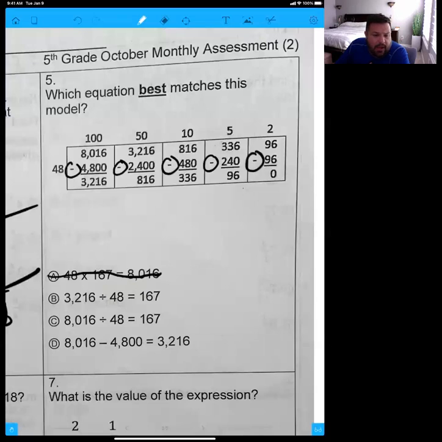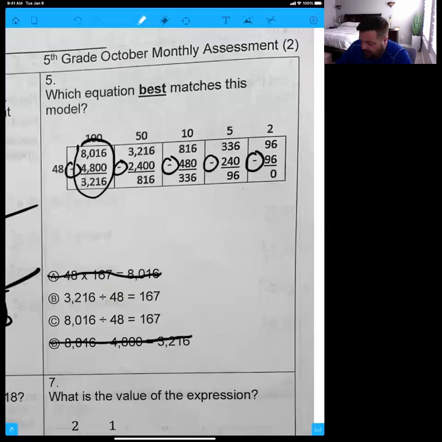D is basically just this box only by itself. So that doesn't really make any sense for what the whole equation would match, right? So that is just a total trick. And now you guys have to understand what this is asking you, right?